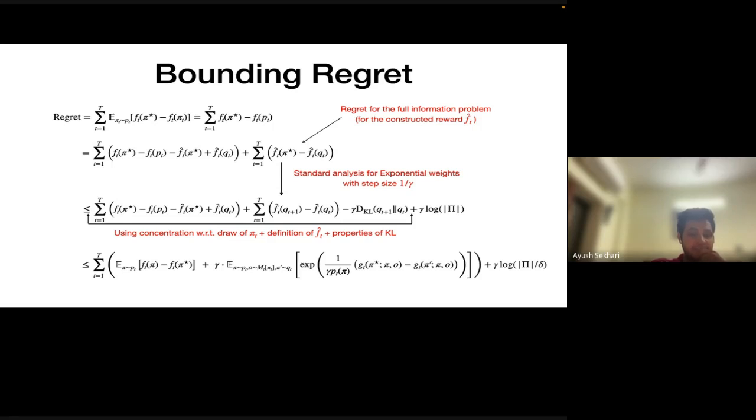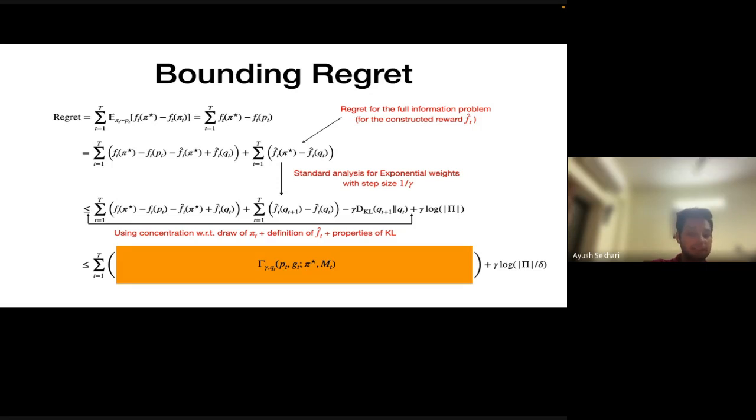Notice that the first term is essentially what we use in the definition of this per-step min-max problem. Essentially, this is the value of that per-step min-max optimization problem with P_t, G_t, and pi star, M_t plugged in. Moving forward, I'll hide this big expression and just call it gamma.